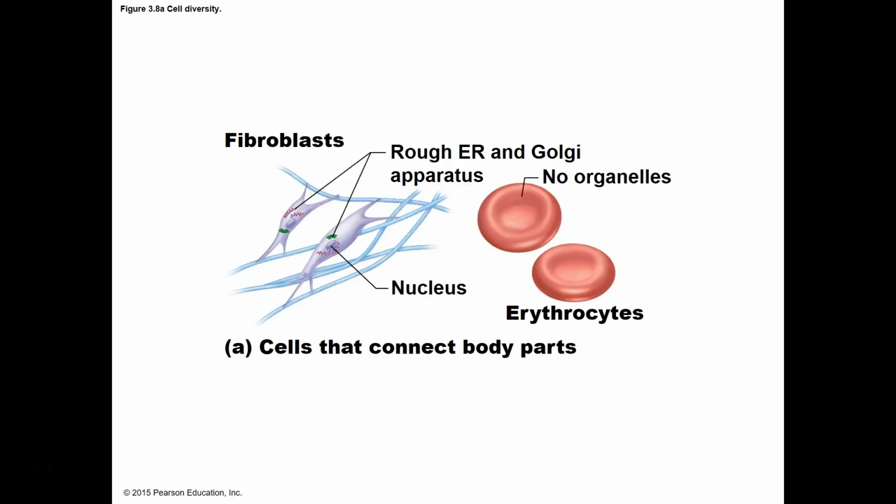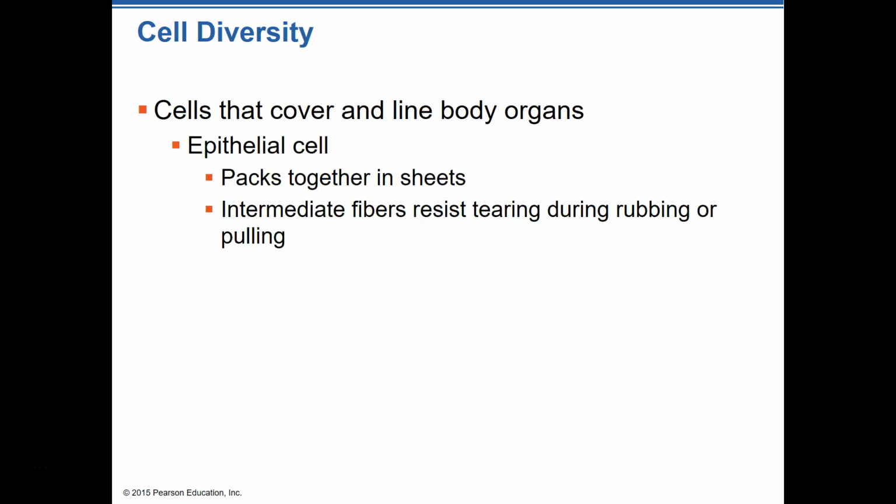This disc-like shape is in order to increase its surface size, but also allow it to pass through some very, very small blood vessels, to get squished down, and it also enables it to take a beating. Red blood cells take a beating in the job that they do.